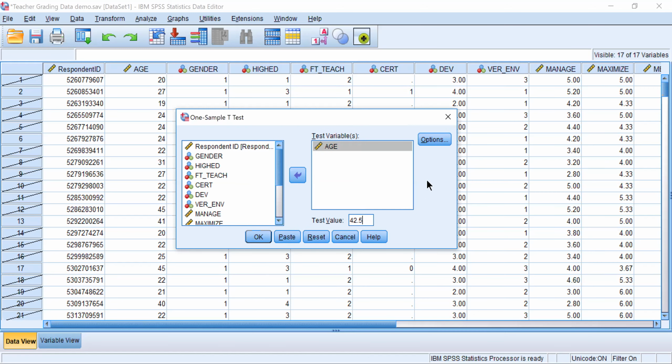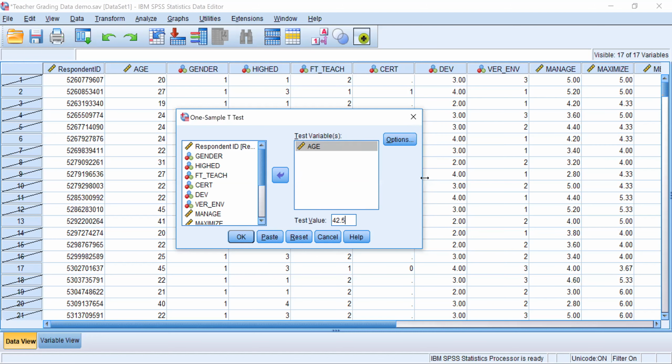As a matter of fact, what I'd really like to do is fail to reject the null hypothesis and be able to say that there's no statistically significant difference between the age of my group and the average age of the population of New York teachers. So I'm going to tell this okay.